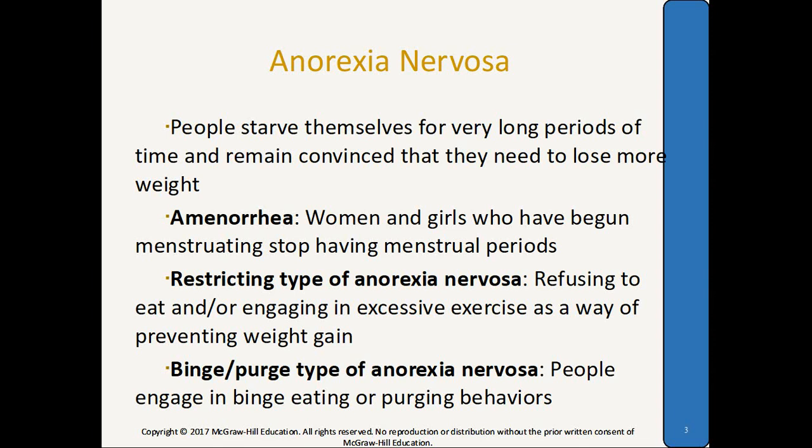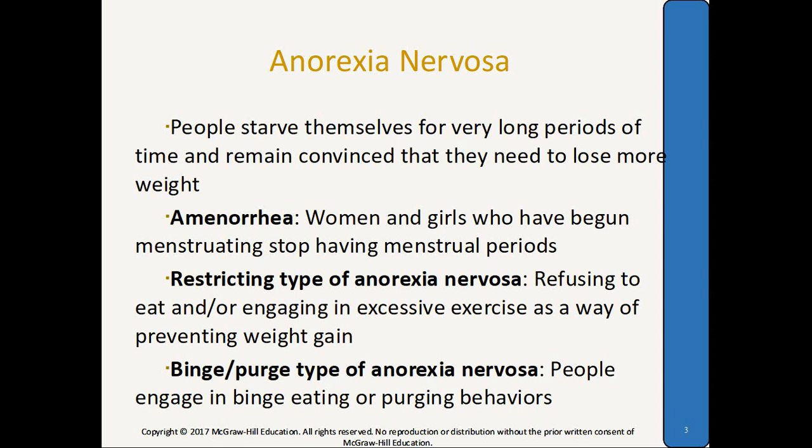There's two types of anorexia. One is the restricting type, and the second is the binge purge type. Anorexia restricting type is where the individual refuses to eat and or engages in excessive exercise as a way to prevent weight gain. Binge purge type is where individuals engage in binge eating and then purging behaviors.